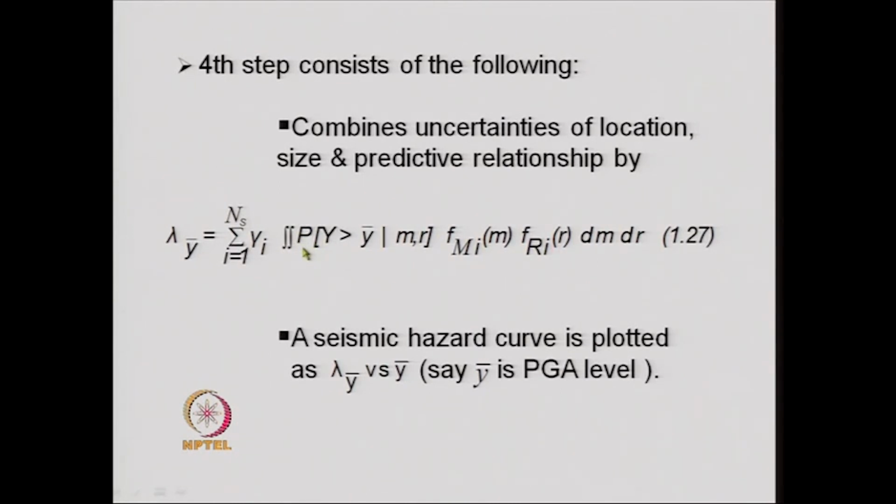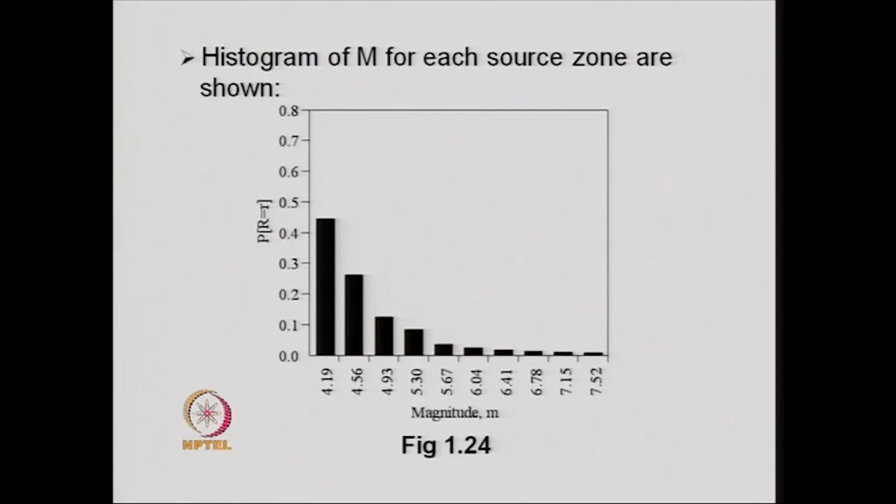So we will be summing up the product of these quantities, that is the probability of exceedance of a certain level of peak ground acceleration conditioned upon a given set of values of M and R, and then multiply it by the probability of occurrence of this particular M and the probability of occurrence of this particular R. So these quantities are multiplied, and then we sum up for all the events.